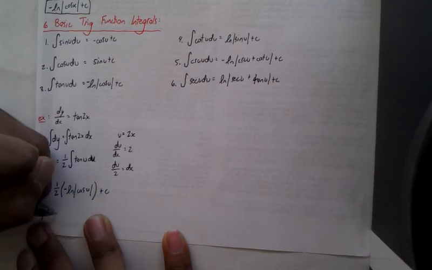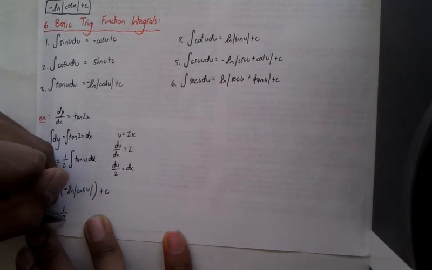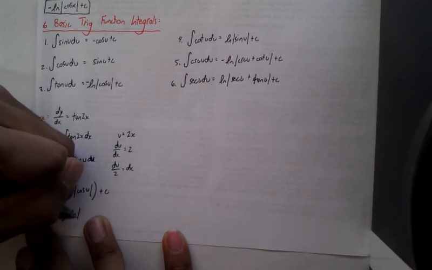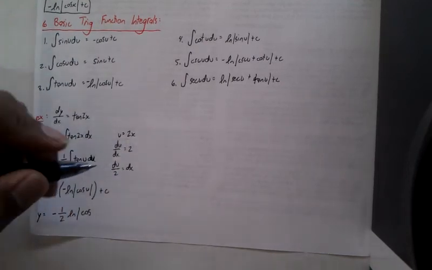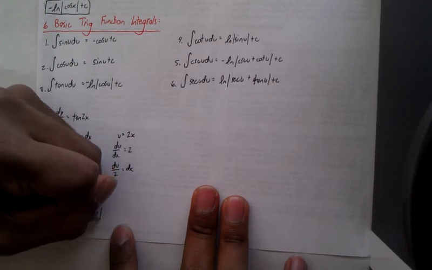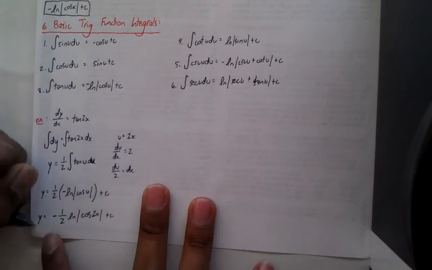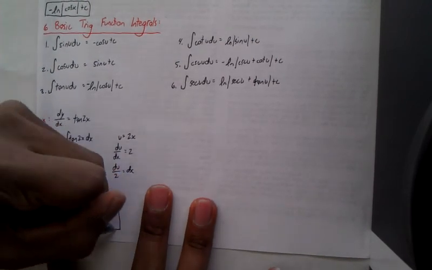Do some simplifying and I get negative 1/2 times the natural log of the absolute value of cosine of u, where u is 2x in this problem, plus c. And there's our answer.